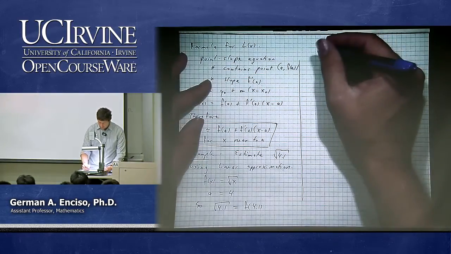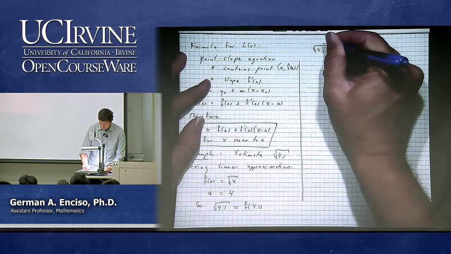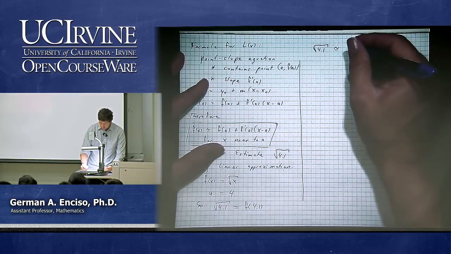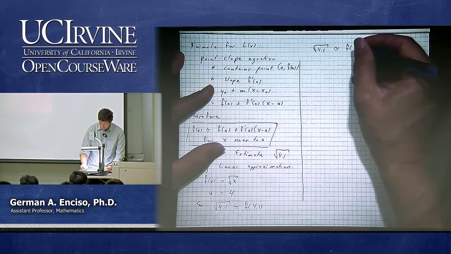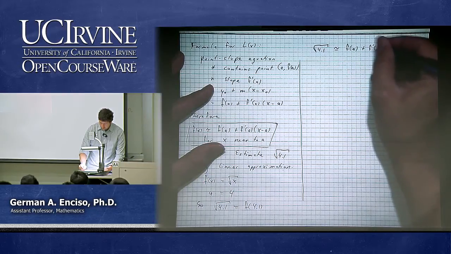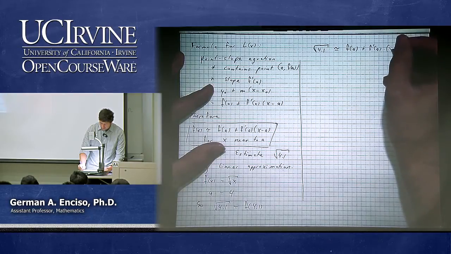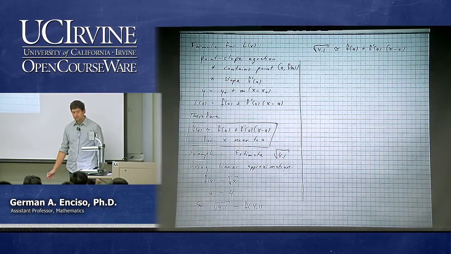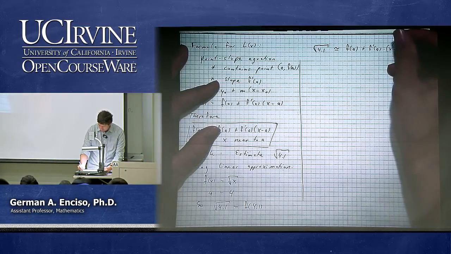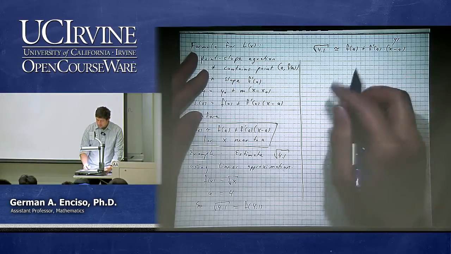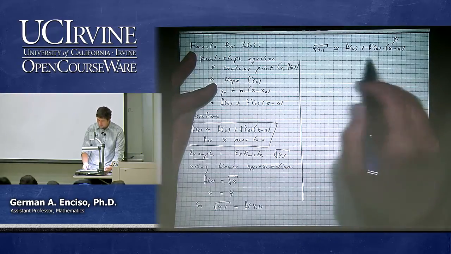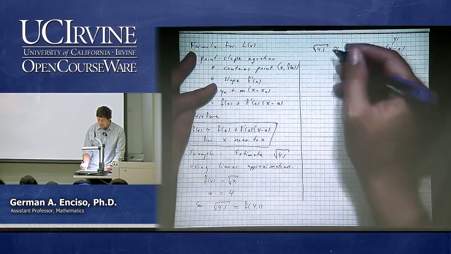That means the square root of 4.1 is approximately equal to, by this formula right here, f of a plus f prime of a times x minus a, where x is equal to 4.1. That's the way to use this formula to estimate the square root of 4.1. Now we need to plug in f of a and f prime of a.